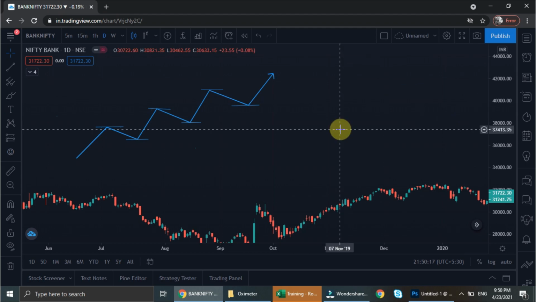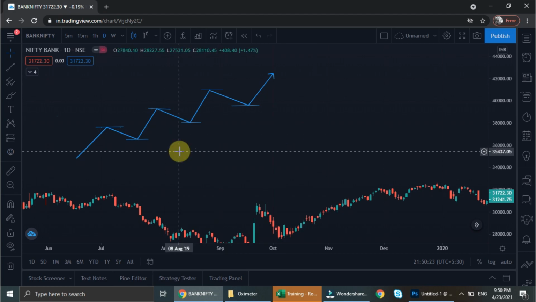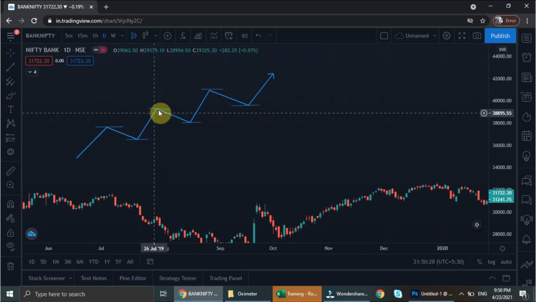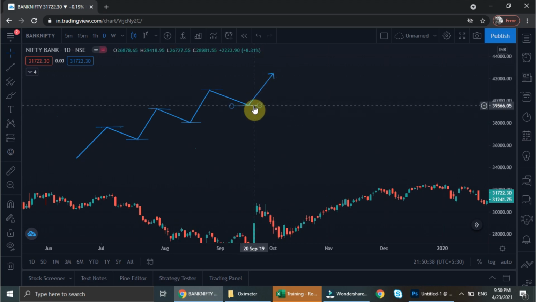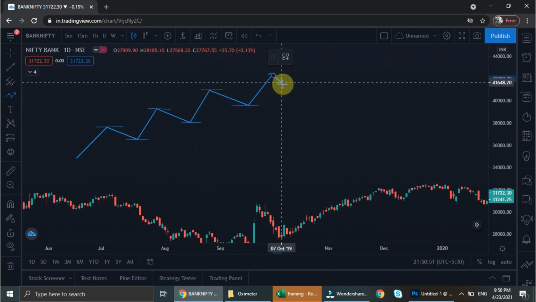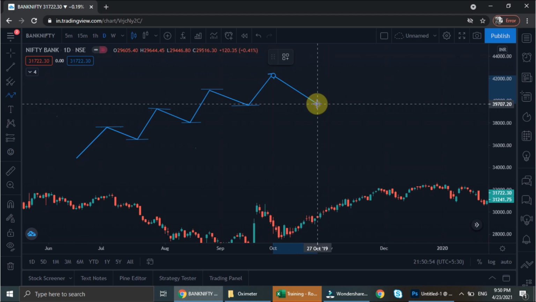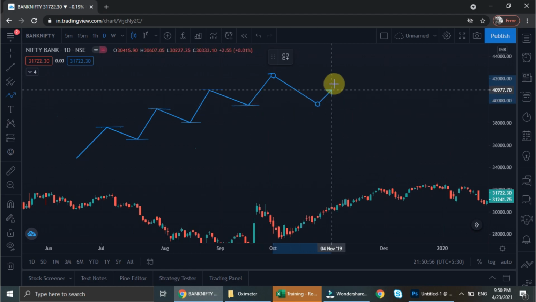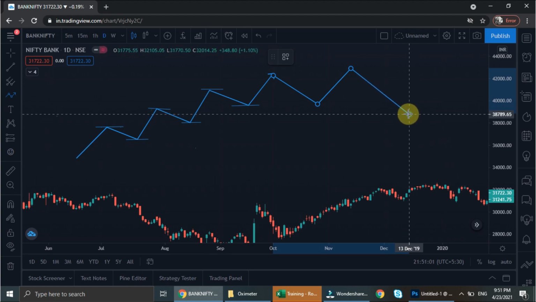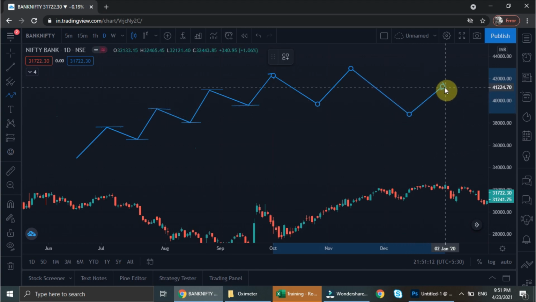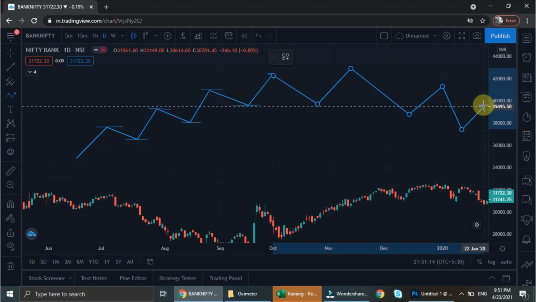We'll take an example of when exactly the stock starts reversing. For example, while going in an uptrend, it makes higher highs and higher lows until the previous low breaks. There is no change in the direction of the trend. For example, the stock is moving upwards and then sometimes it takes support of the previous low and then starts moving again, and then starts breaking the previous low, then starts making lower highs and lower lows.